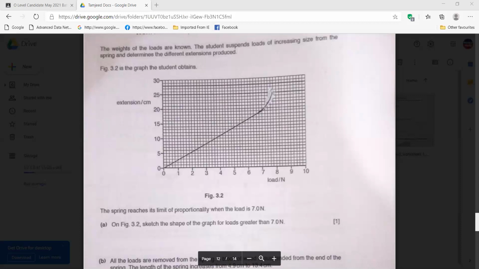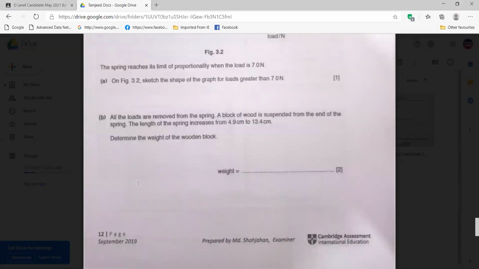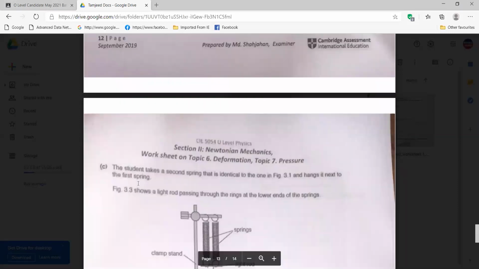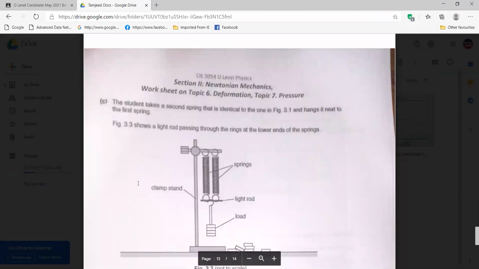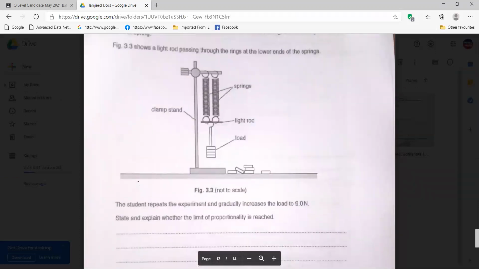Continue. C, I could not solve. Read the question.